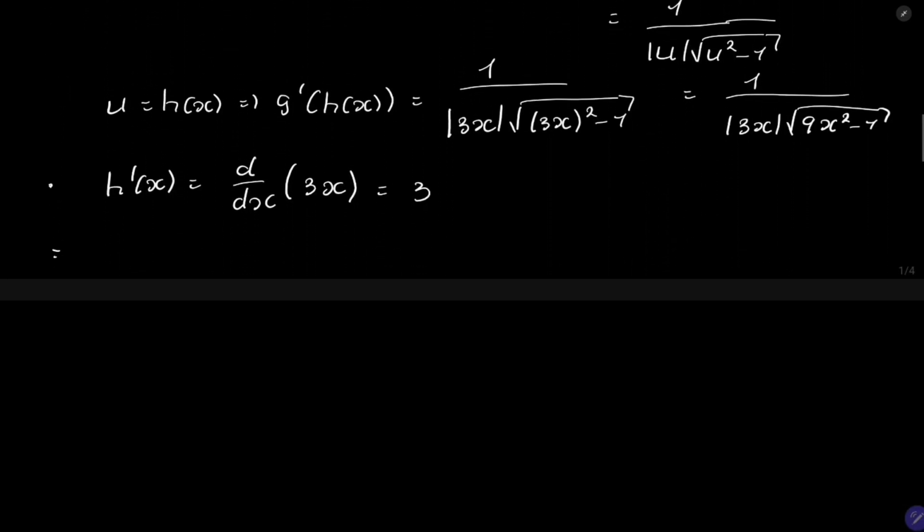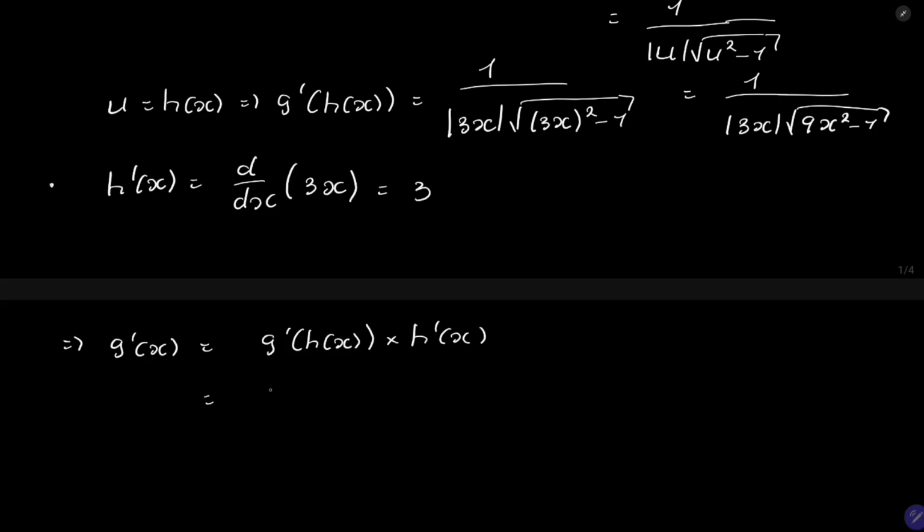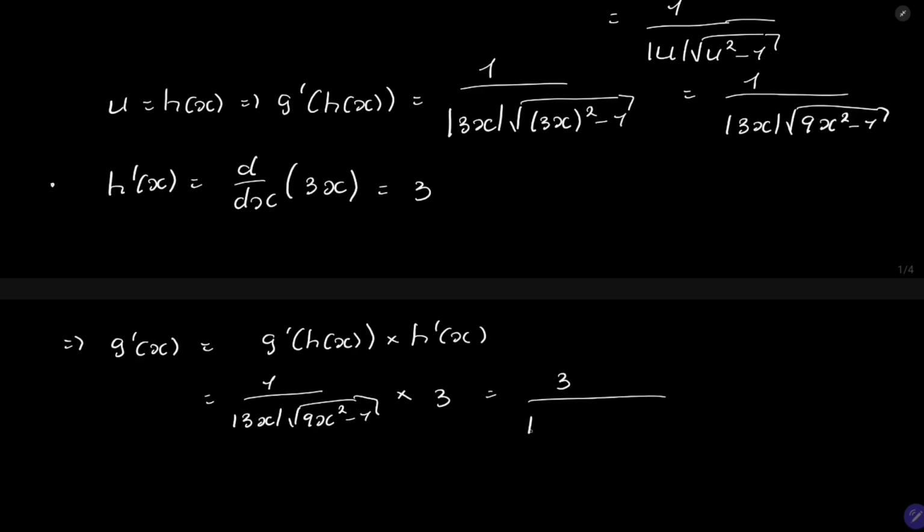So this implies that g prime of x, which is equal to g prime of h of x times h prime of x, is equal to 1 on the absolute value of 3x square root of 9x squared minus 1 times h prime of x, which is 3, leaving us with 3 on the absolute value of 3x square root of 9x squared minus 1.